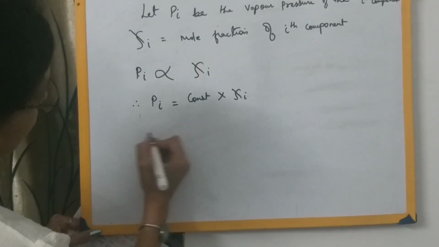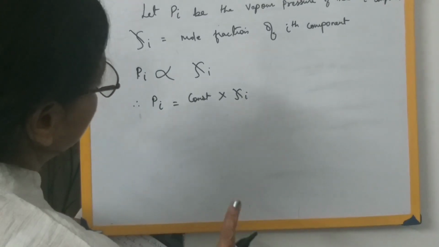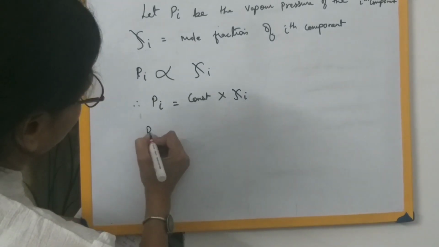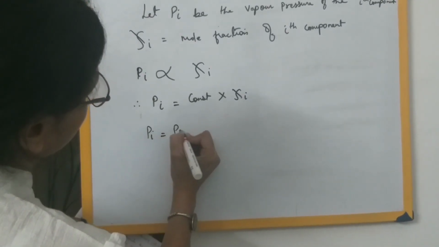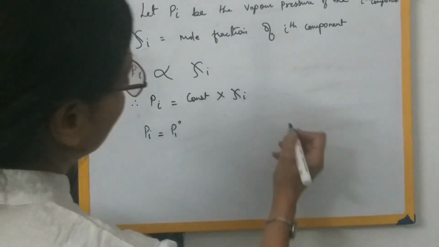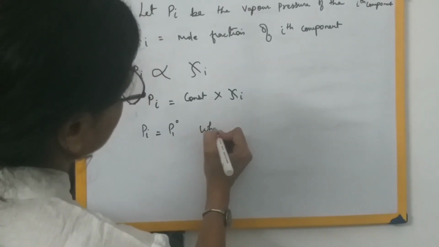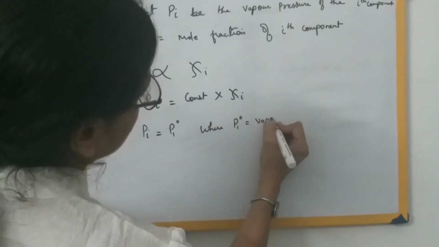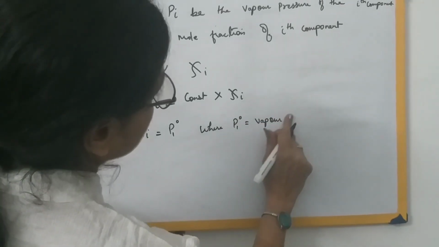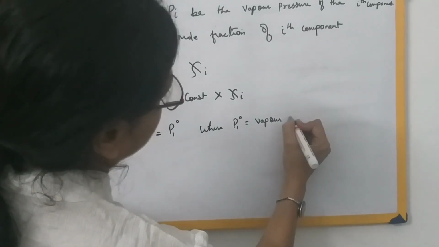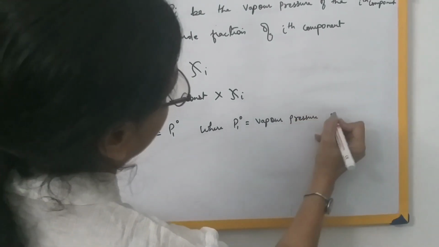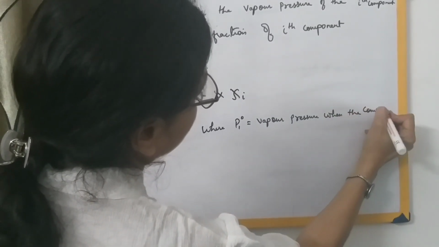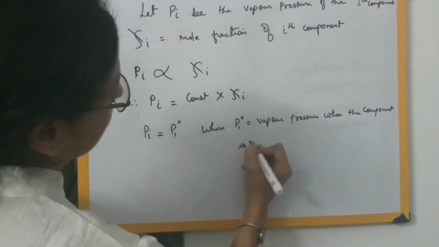Now, if this component is extremely pure, then Pi is equal to Pi 0. So what does this Pi 0 mean? Pi 0 is the vapor pressure when the component is extremely pure.